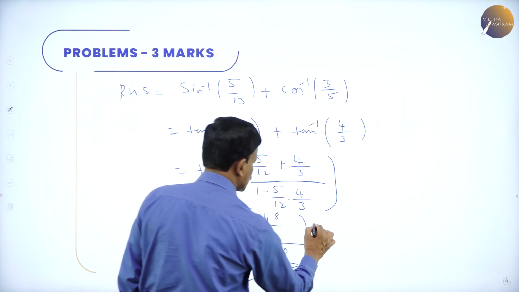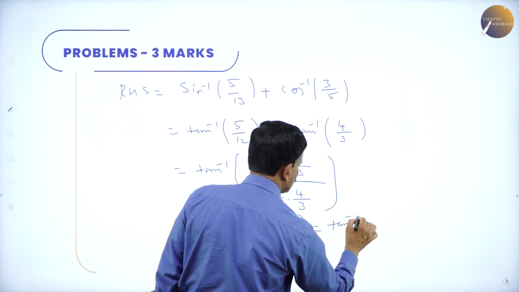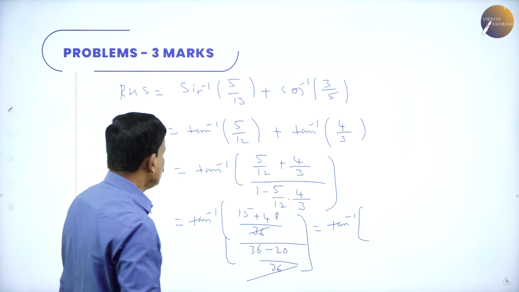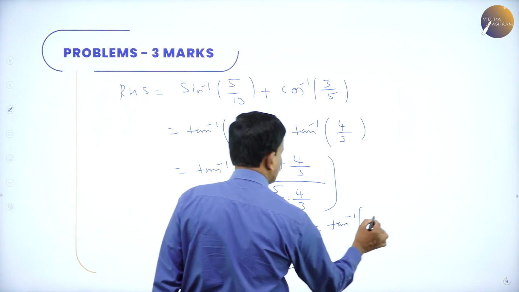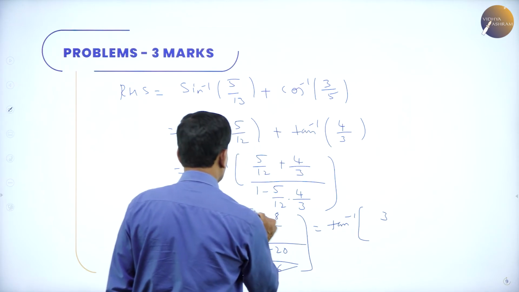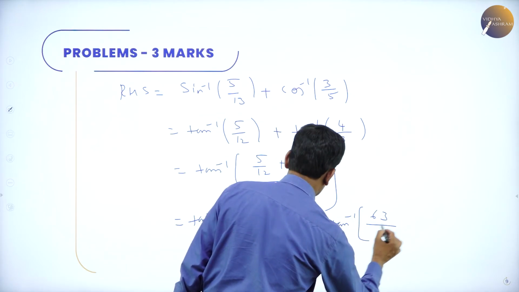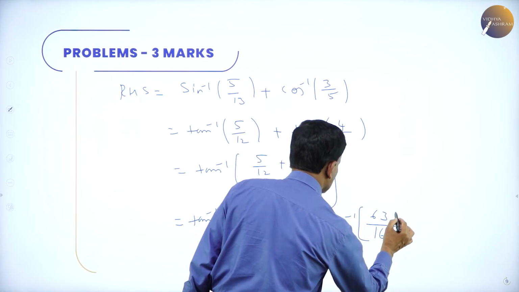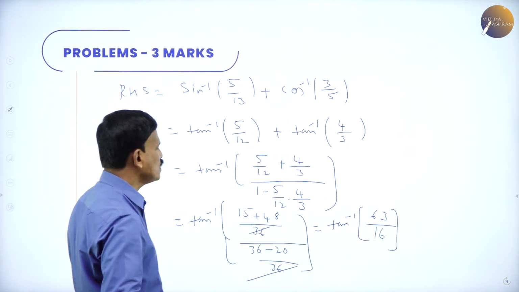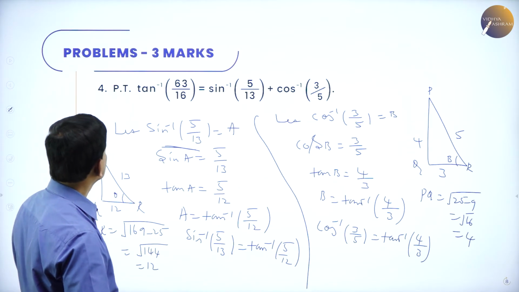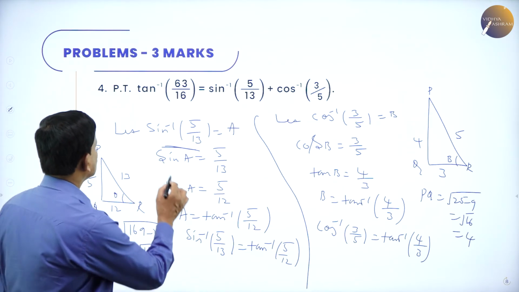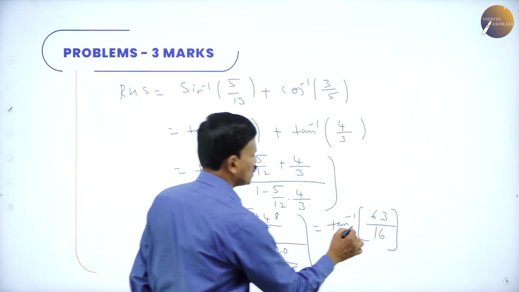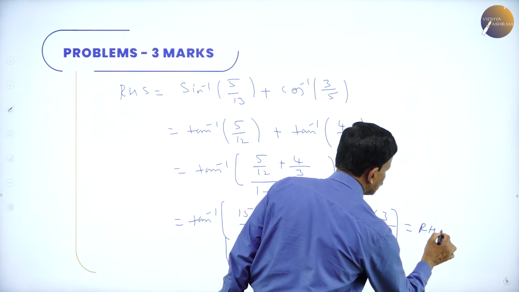The 36s get cancelled. So this is tan inverse of (15 plus 48), which is 63, divided by 36 minus 20, which is 16. So 63 divided by 16. See the RHS? So this is the required RHS.